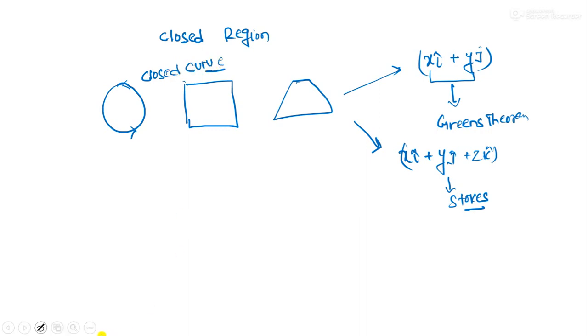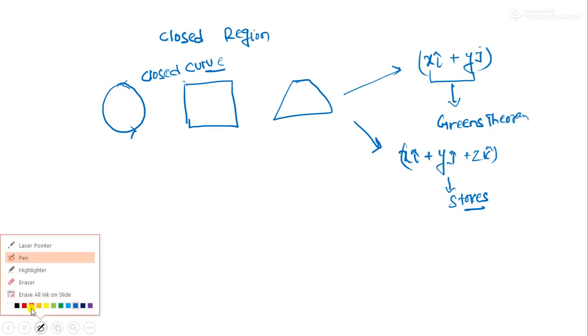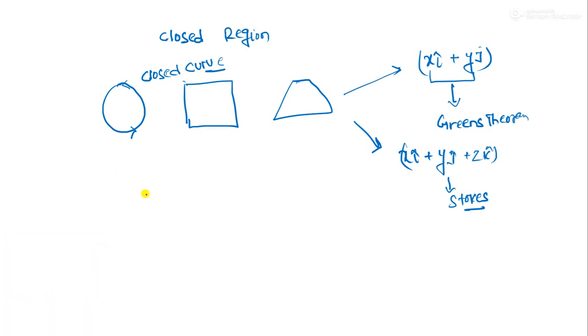Now, if you have an open surface, like a semicircular plate placed on a surface, a semi closed area, then you will have to apply Stokes theorem.